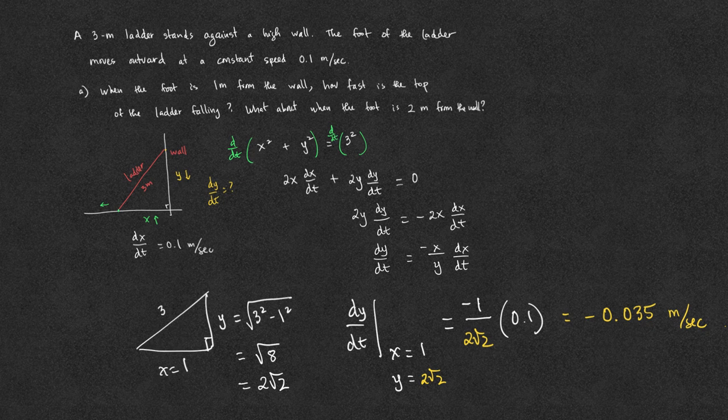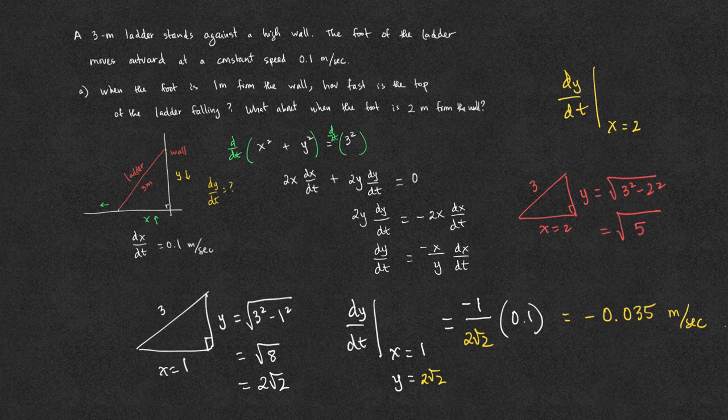Similarly, if we want to find the rate at which the ladder is falling at the moment when the ladder is 2 meters from the wall, we would do the same thing and find out what the y value is when x is 2. The ladder is still 3. And so in this particular case, y is the square root of 3 squared minus 2 squared, which is the square root of 9 minus 4, or the square root of 5.